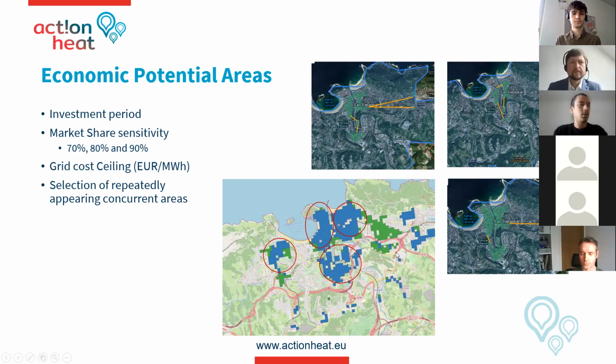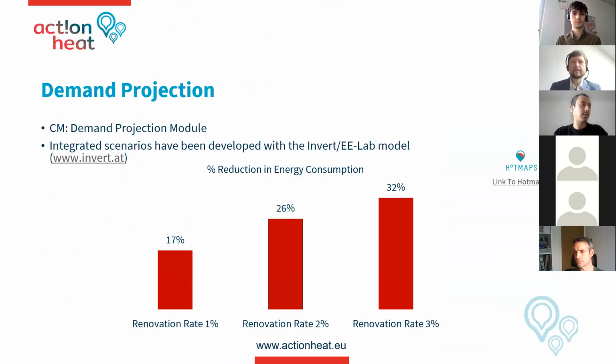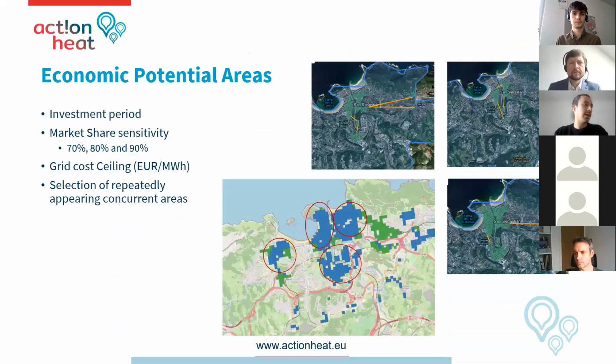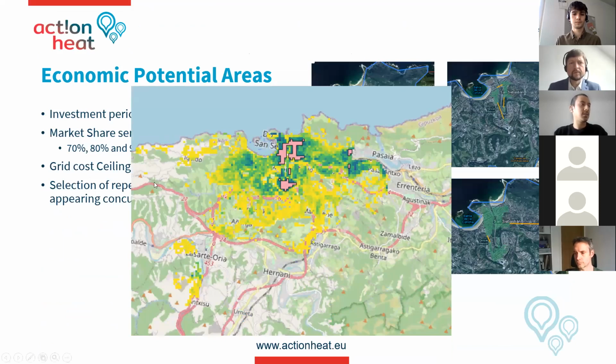Nevertheless, since for this case study we wanted to focus only on one area based on the potential supply sources, we identified these regions as the most suitable area for the implementation of the district heating network. Basically, this is the shapefile that we provide to Thermos as a starting point for this detailed analysis.